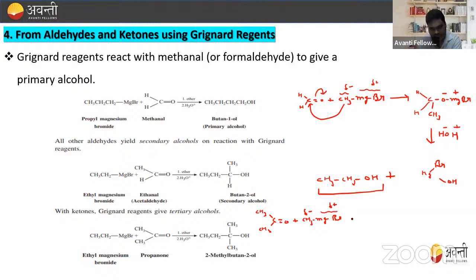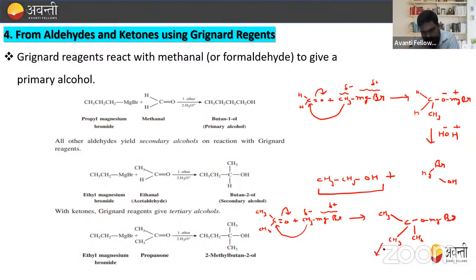This is partial positive. Again, this has a tendency to accept the electron, right? So this acts as a nucleophile. So what formation takes place? That is CH3, C, also CH3, and here one more CH3 also comes. This is nothing but O, Mg, and this is Br.